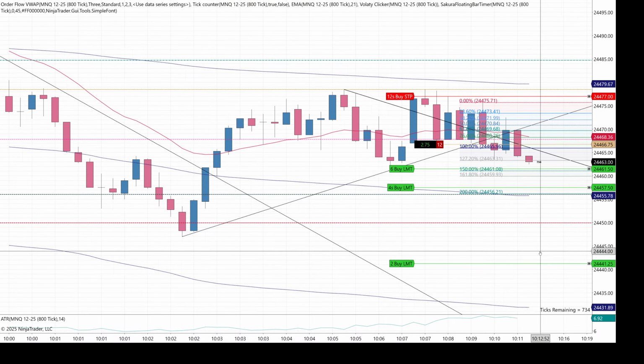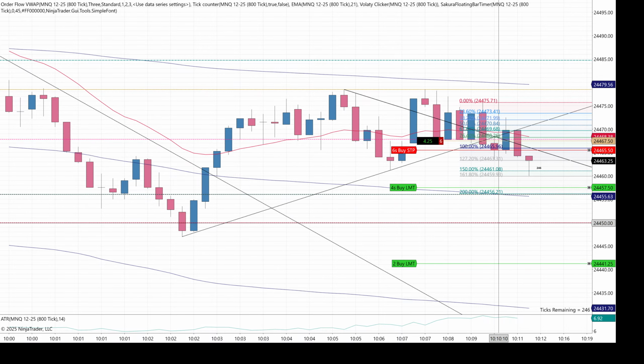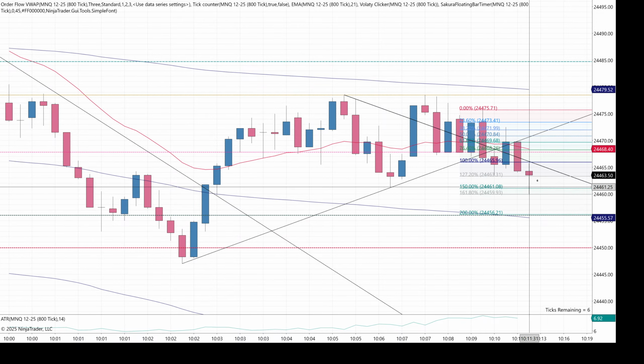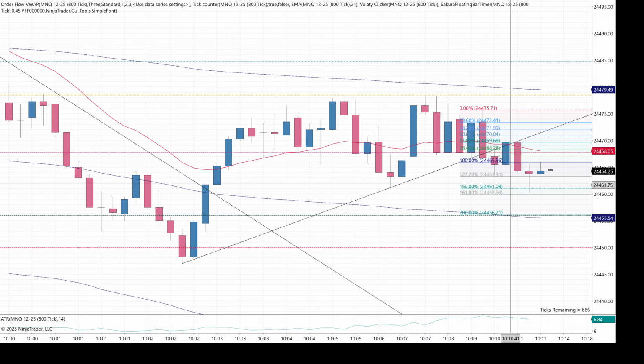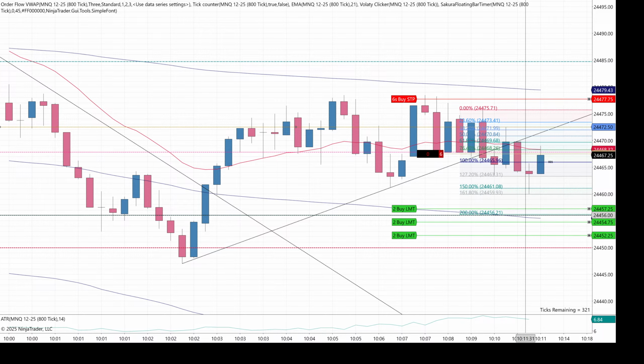Okay, looks like it wants to come down. I added here and then I got off at 150. The move is still intact. Our golden ruler does move down. So I might get into it again.